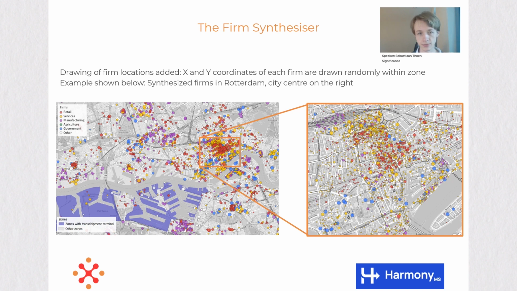What you can see here, for example, is that in the city center there's a notable concentration of retail firms, which are red here, and also in services in yellow. And on the figure on the right, it's zoomed in a bit to the city center of Rotterdam. So you see here that it's really individual firms placed somewhere in the city center.